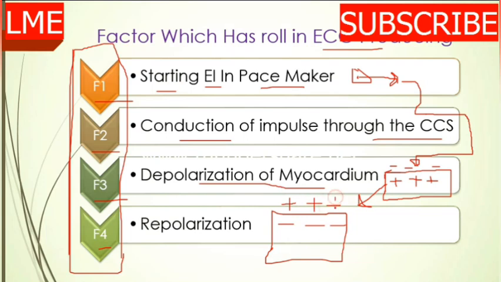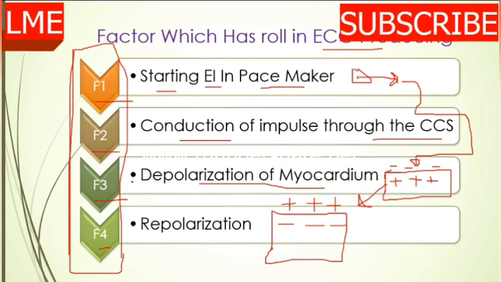So as a conclusion, the first factor is starting electrical impulses in this SA node, and then the second factor is conduction of these electrical impulses through the cardiac conductive system. So when this electrical impulse comes to the myocardial cell, they change their shape from the normal shape to the depolarized shape. So they are depolarizing the myocardium.